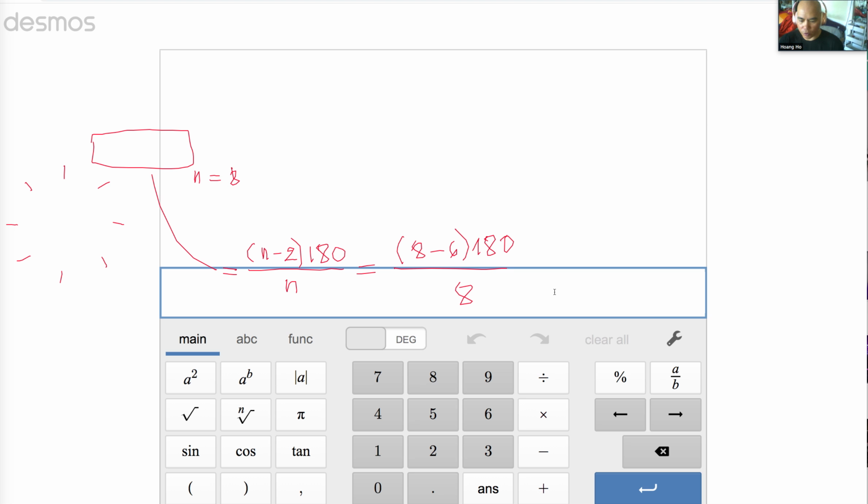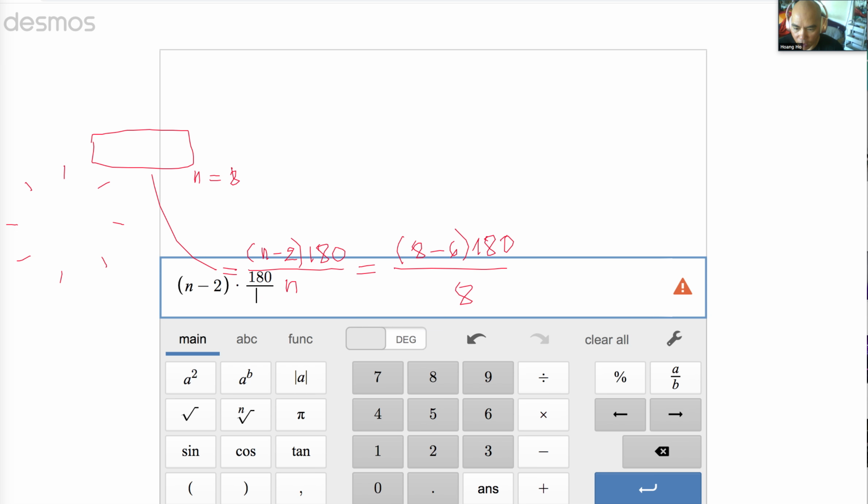Let's enter the whole formula into your calculator: n minus 2, multiplied by 180, and then the whole thing divided by n.